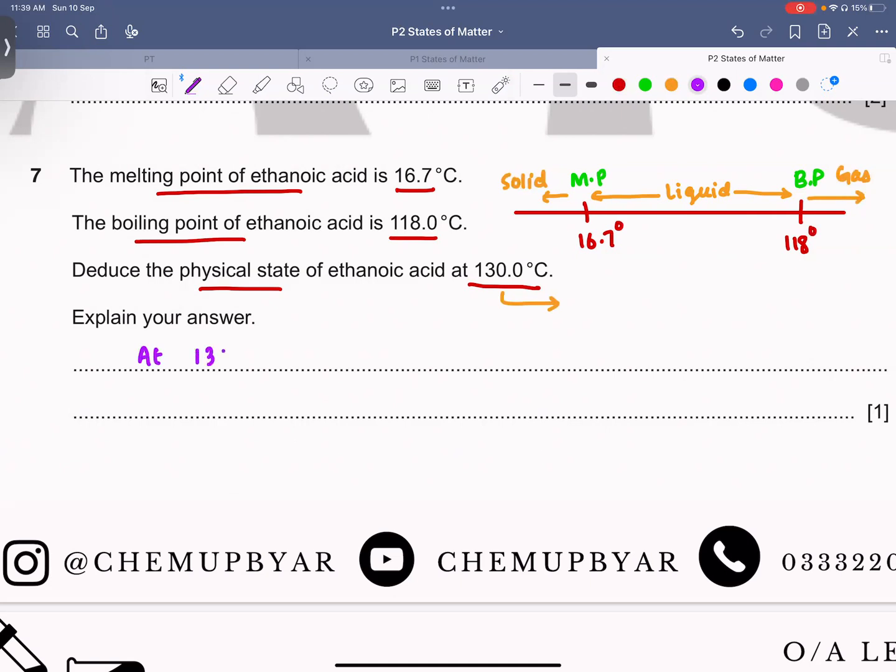It's a gas because 130 degrees is above or higher than its boiling point, which means the substance is in its gaseous state. Is it clear to everyone? Yes, sir.